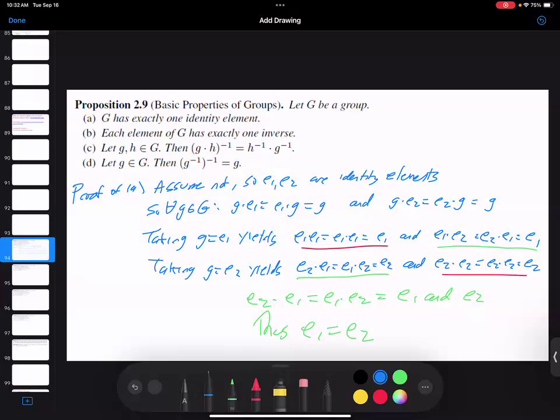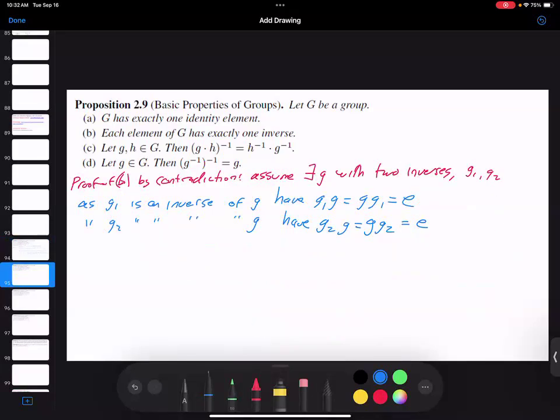So over here, I now have things involving G1, G, and G2. But I don't have the same expression on the same line. On the first, I have G1G or GG1. In the second, I have G2G or GG2. If I want to try to get the same thing, what does the first line need?